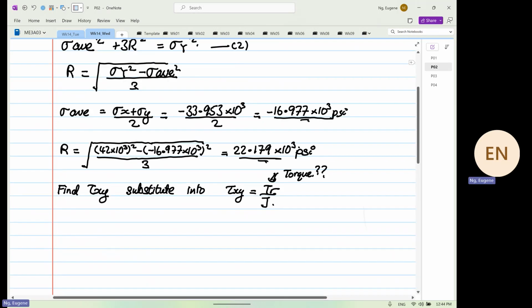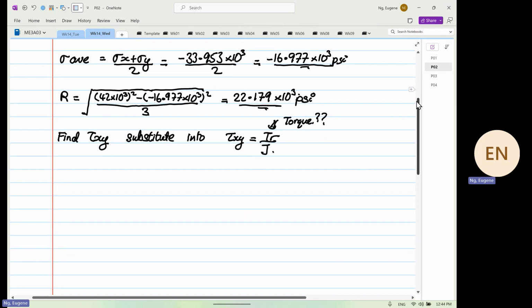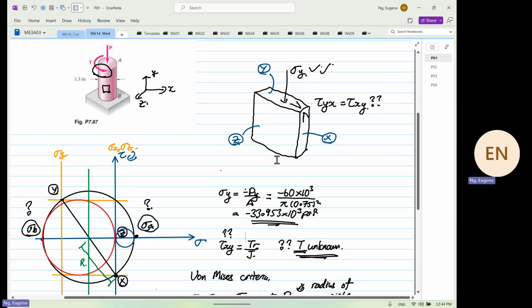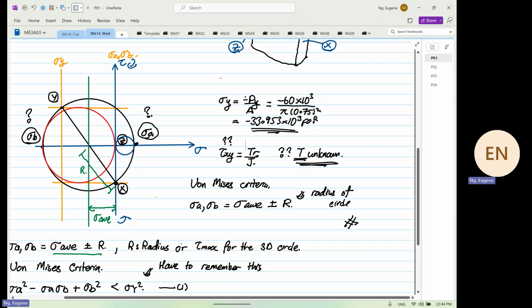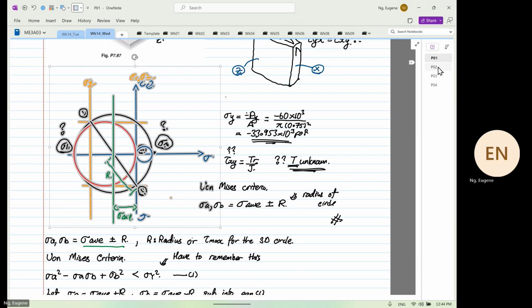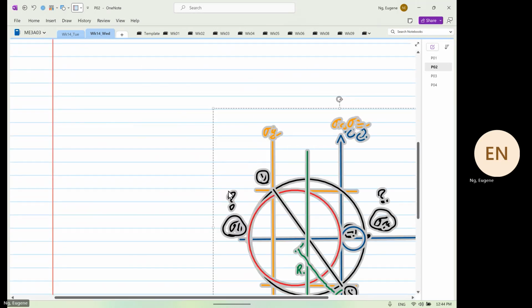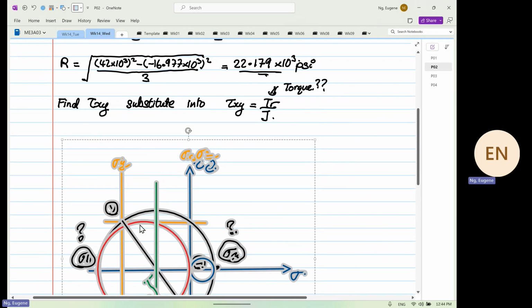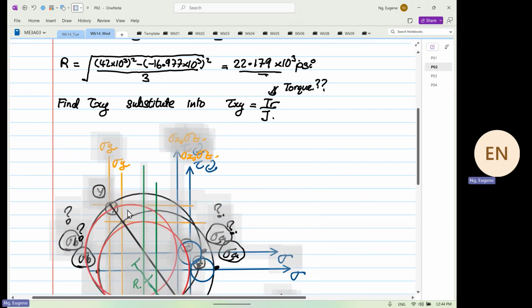Okay, so now when we go back to the circle, I'm going to copy and paste the circle, no worries. Where we are now, it's not complicated.